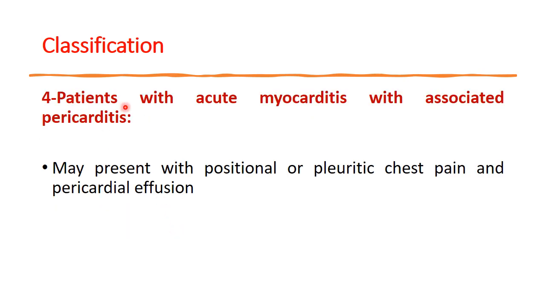The final presentation of acute myocarditis is myopericarditis or perimyocarditis, and these patients may present with positional or pleuritic chest pain with evidence of pericardial effusion.